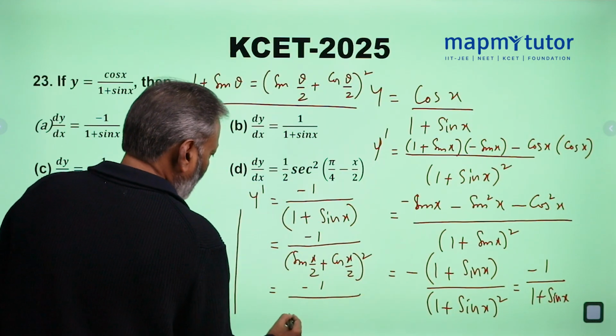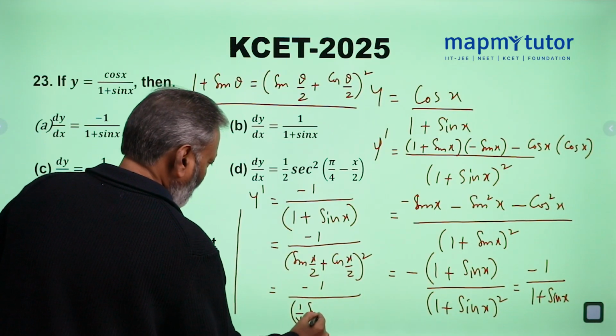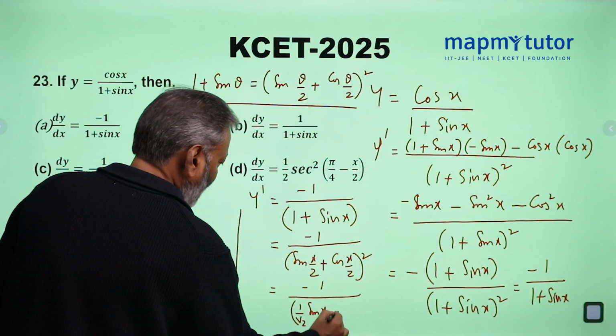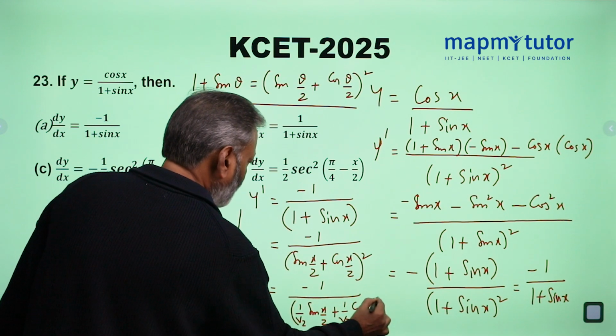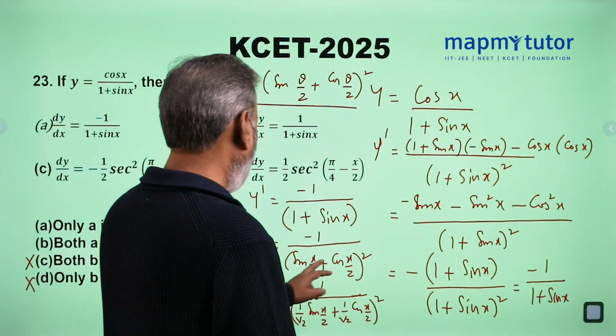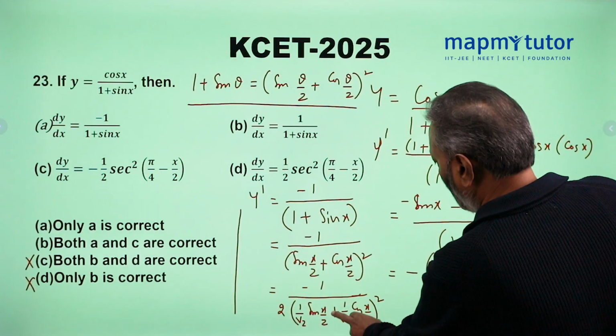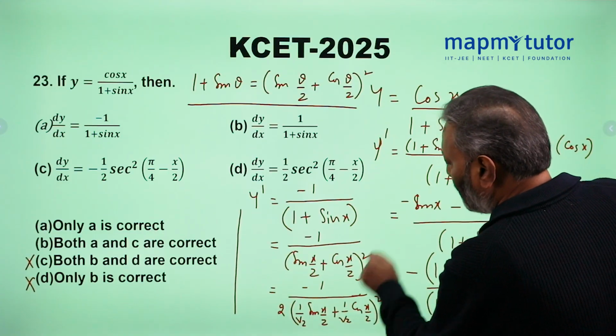Minus 1 by, if I supply 1 by root 2 inside the bracket, 1 by root 2 sin x by 2, 1 by root 2 cos x by 2. Okay? That means I have to multiply by 2. So, minus 1 by 2 times 1 by root 2 cos x by 2, 1 by root 2 sin x by 2 whole square. Why is 1 by root 2 involved?